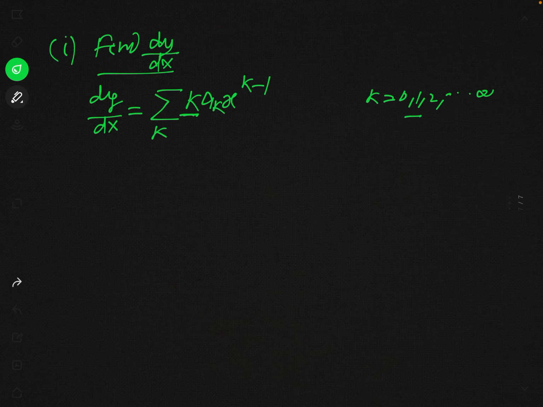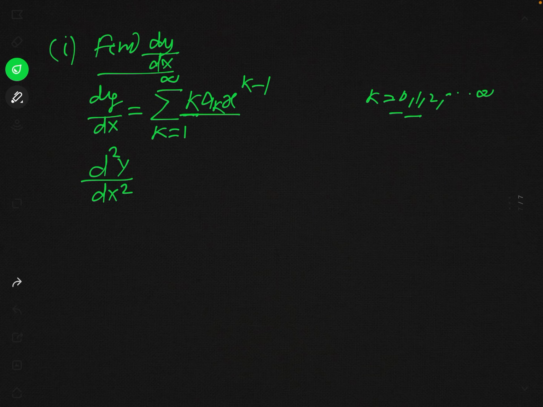The non-zero value of this series will be only when we start from 1, so we exclude k equal to 0. You can write it, but there is no advantage, because when we put k equal to 0, the value of this series will be 0. So we start the value of k here from 1: k from 1 to infinity.